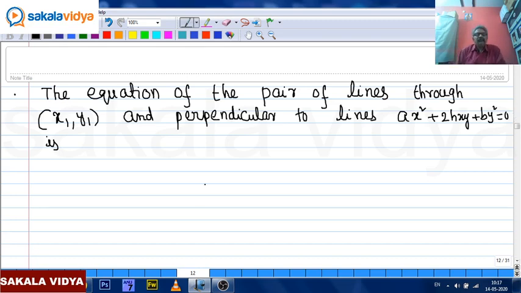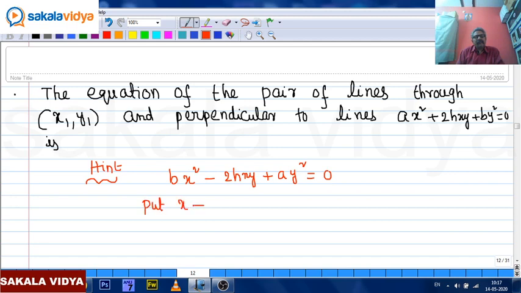So now what we need to do, here is the hint. First interchange the coefficients. You get bx square minus 2hxy plus ay square is equal to 0. Now here put x minus x1 for x, y minus y1 for y.